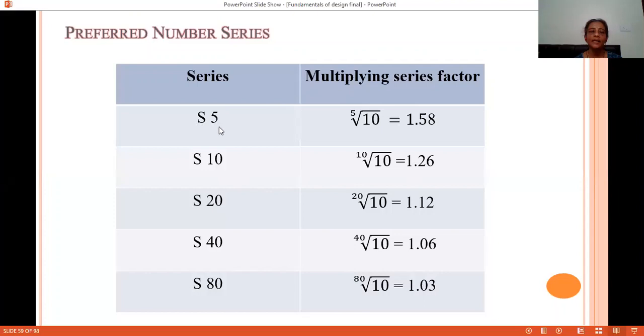If we take an example of the S5 series, if the first size is 10 millimeter, the second size will be 10 into 1.58, so approximately it will be equal to 16 millimeter. Then 15.8 also will be multiplied by 1.58, so it becomes around 22 point something. So the next size, which is rounded off, will be 23 millimeter.